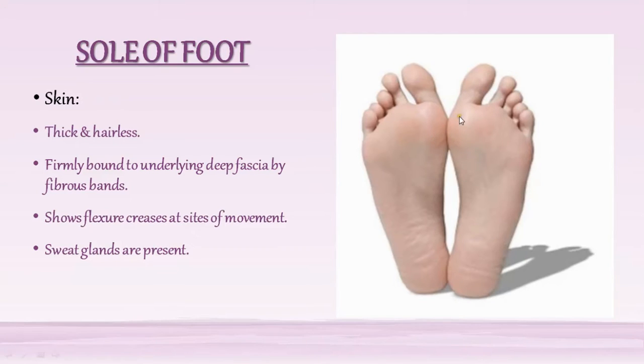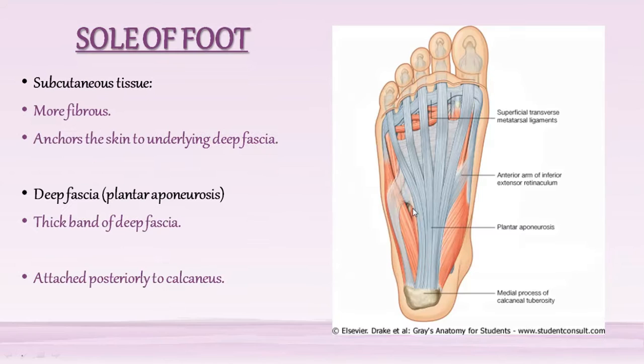Large number of sweat glands are present in the skin of foot. Beneath the skin, there is the presence of subcutaneous tissue which is more fibrous that anchors the skin to the underlying deep fascia.